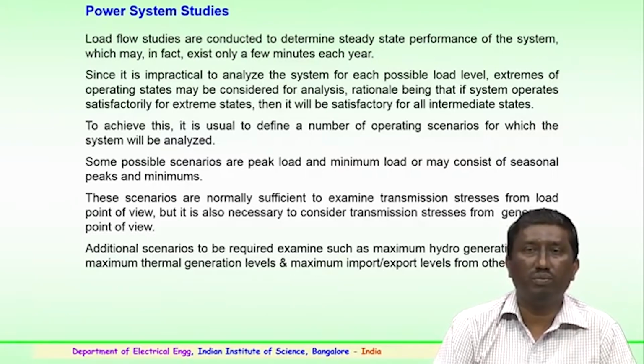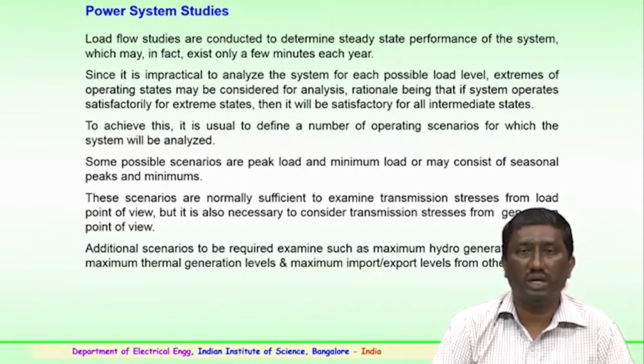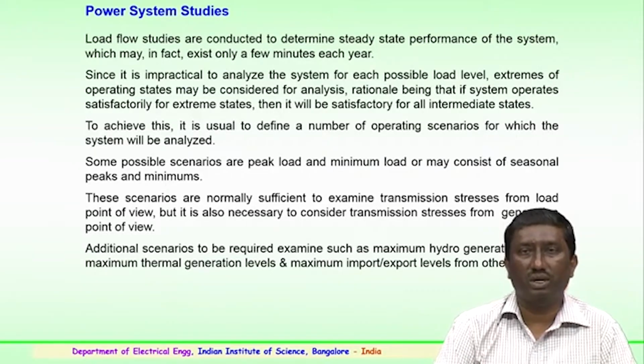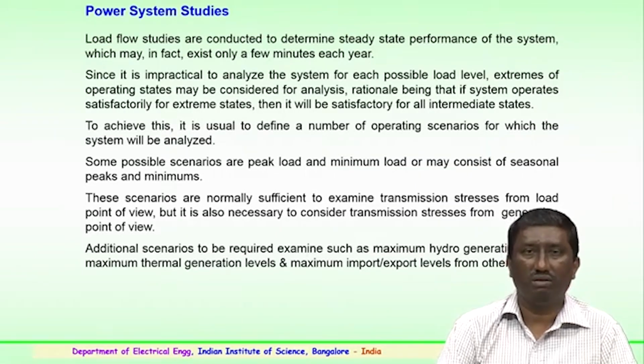The rationale being that if a system operates satisfactorily for extreme states, then it will be satisfactory for all the intermediate states. That is the assumption on which the studies are based and carried out.